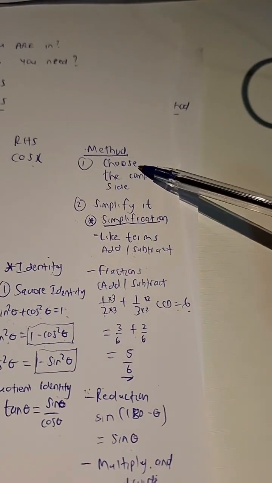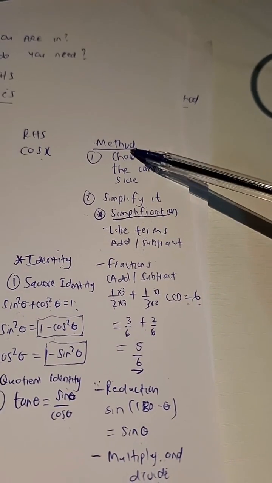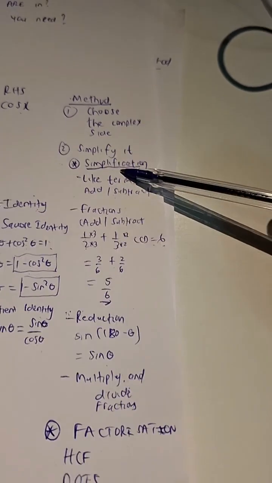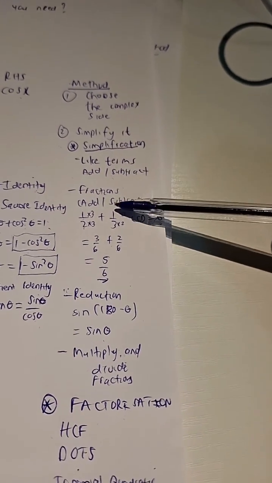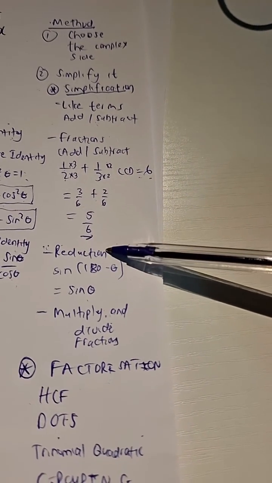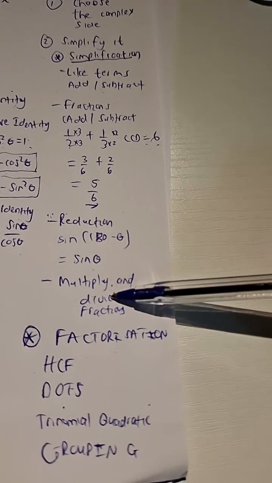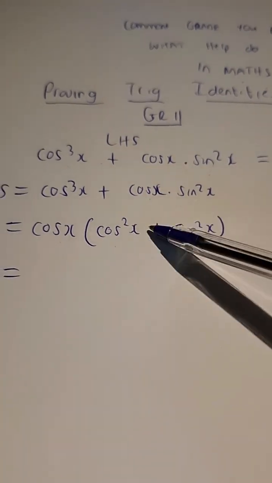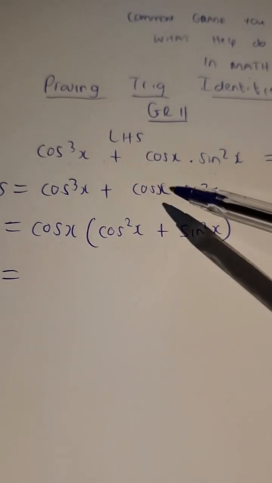After choosing the complex side according to the method, I need to then simplify it, by either adding and subtracting like terms, adding and subtracting fractions, reducing if there's a reduction formula, or multiplying and dividing fractions. None of that was there, so simplification was not a strategy I could employ in attending this question.